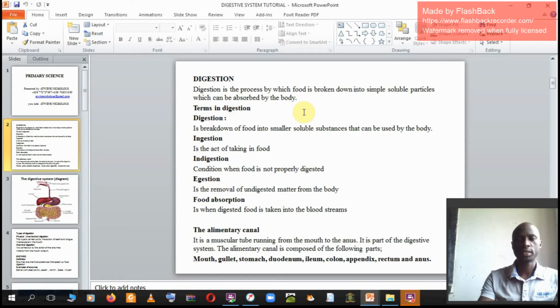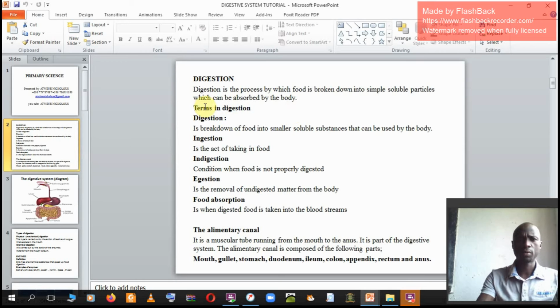When you get food and put it in the mouth, then by the action of teeth, you break it down from being complex to being simple, soluble particles. Those particles can be easily absorbed by the bloodstream. So that is what digestion means: to break down food.